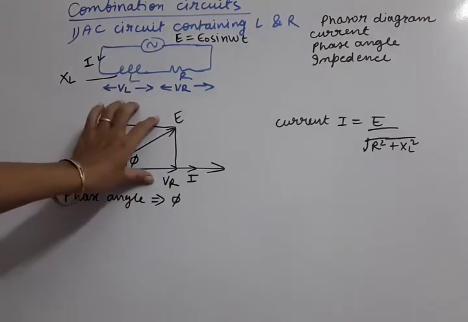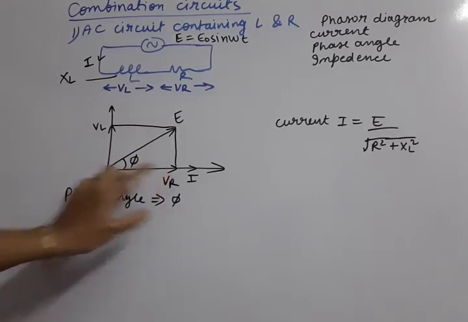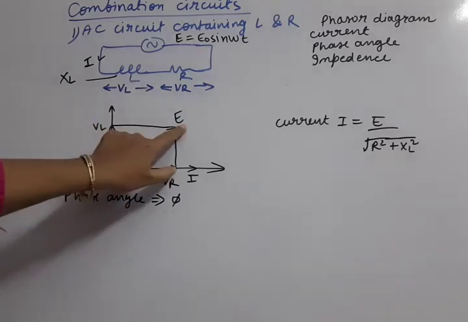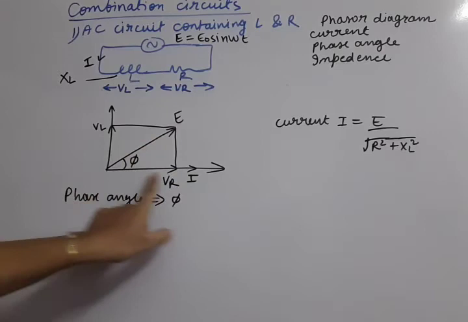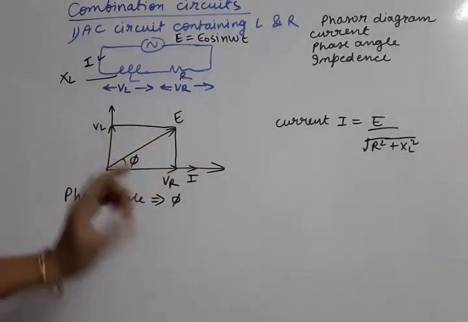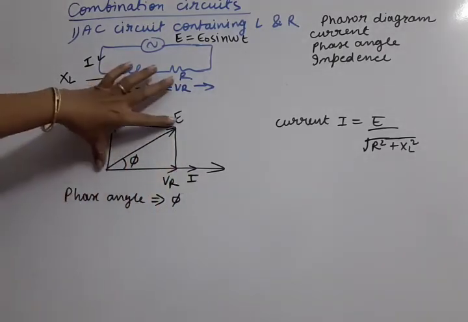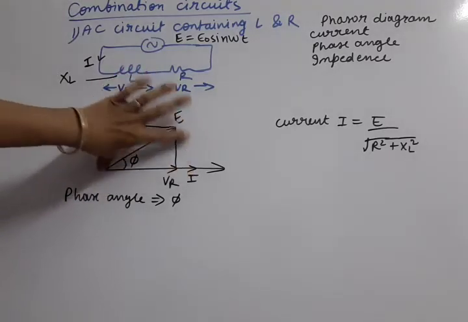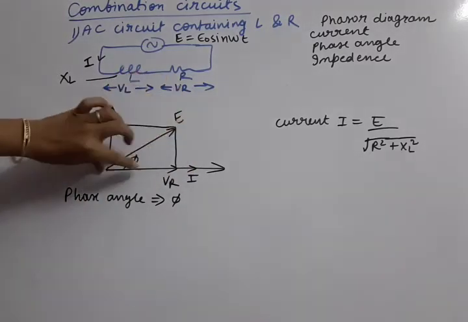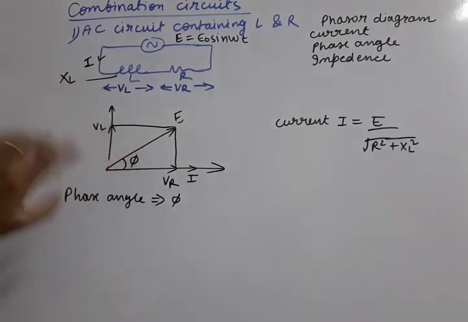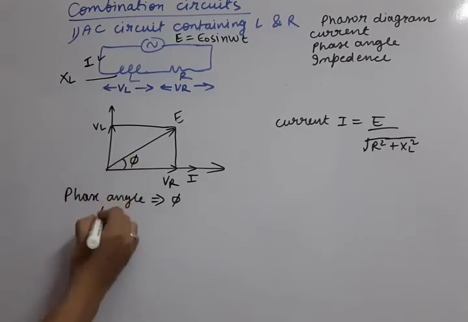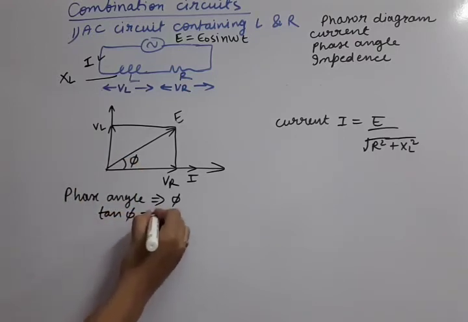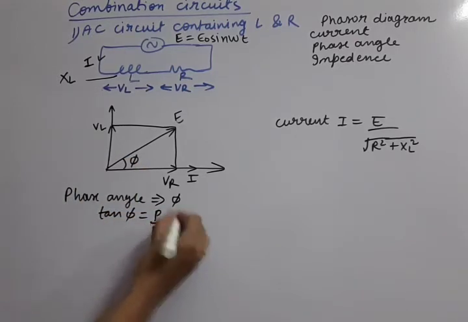We will draw the phasor diagram again. VR, VL, resultant voltage E and net current I are shown here. Now what is the angle between resultant voltage and resultant current? So these two things you have to see. Angle is phi. How to calculate phi? We will apply the tan phi formula. Tan phi is perpendicular upon base.